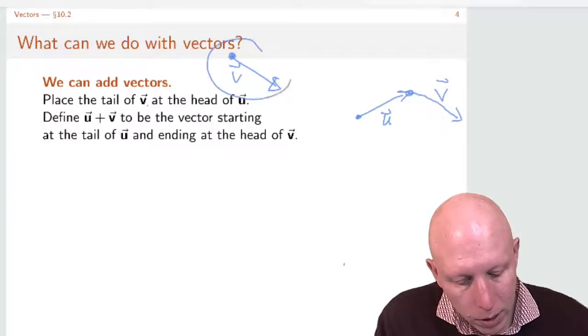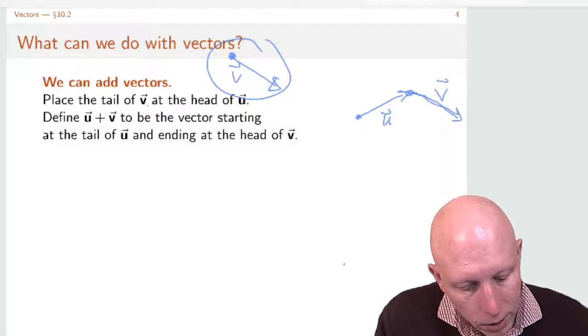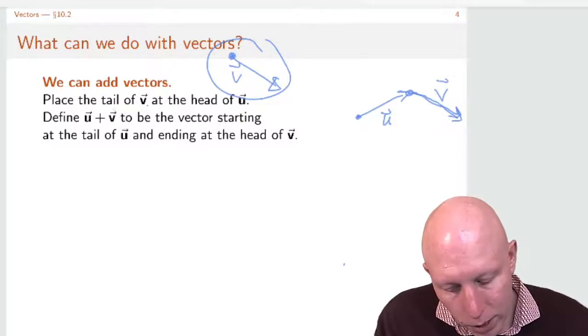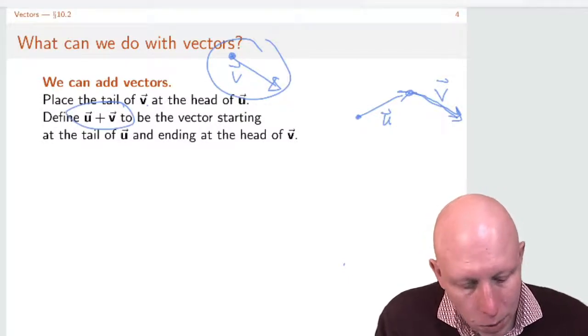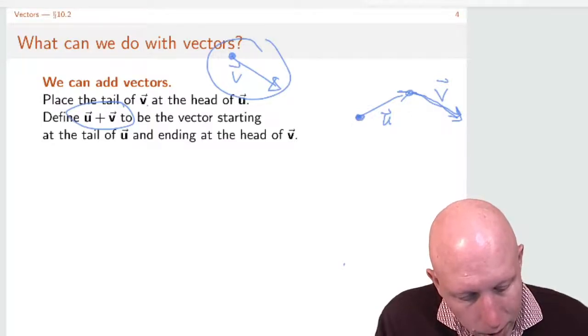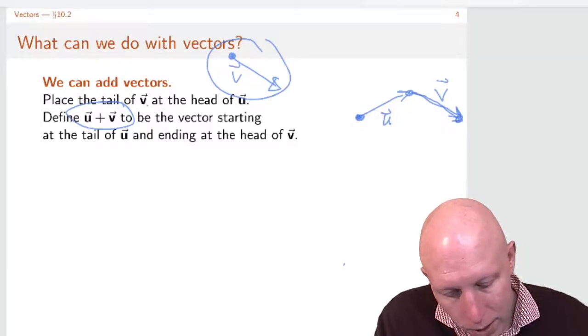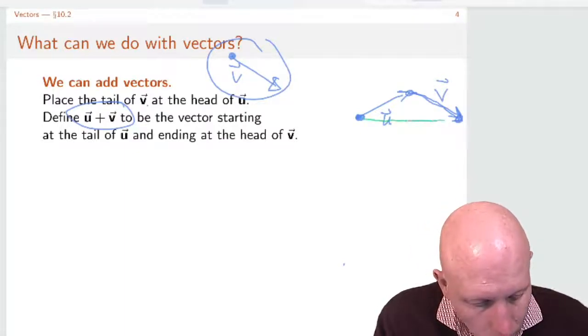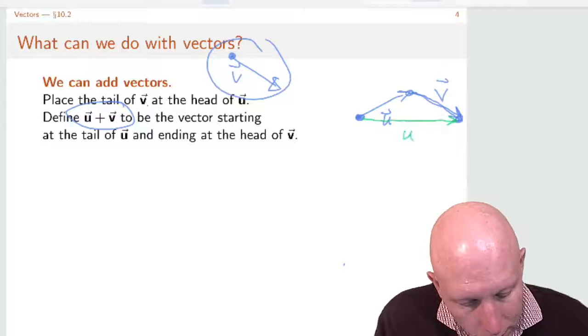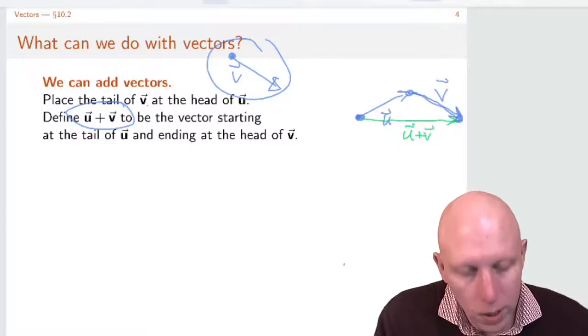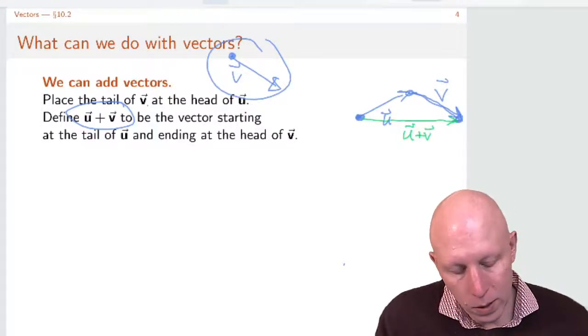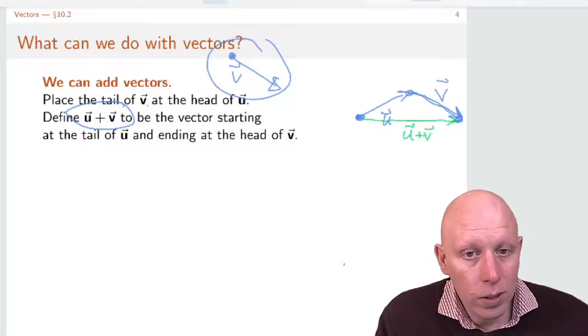It's the exact same thing. It has the same direction, same length. And it goes here. And now we define u plus v to be the vector that starts here and ends here. So let's choose the color there. So this part right here, this is the vector u plus v. So that's how you add two vectors.